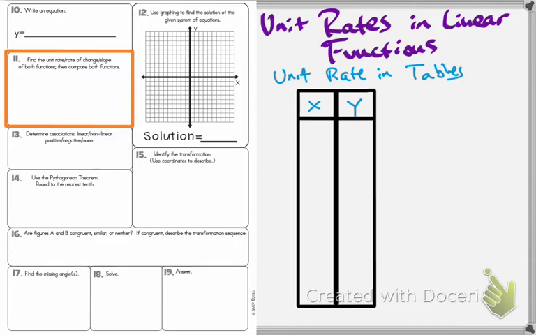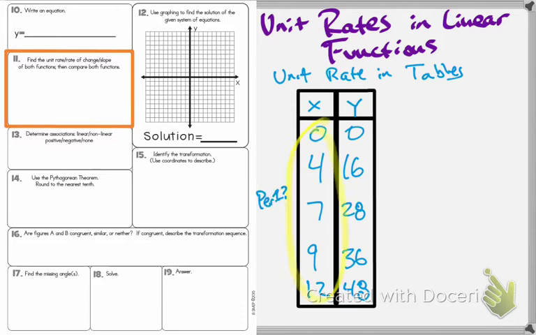If we're looking for a unit rate in tables, and we ended up with a table that looked something like this, and we have talked about this before, I think back in question number 8 or 9 of our weekly review, the first thing that I would notice is that my x value is not moving or changing by 1. I kind of have a random change that's happening over here.